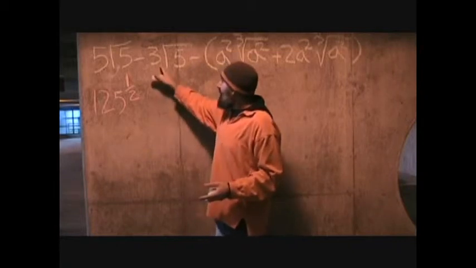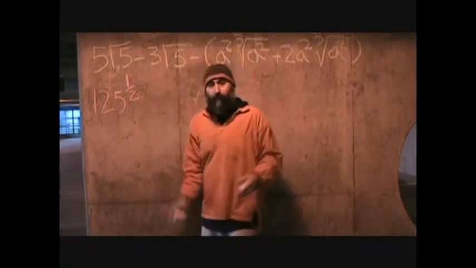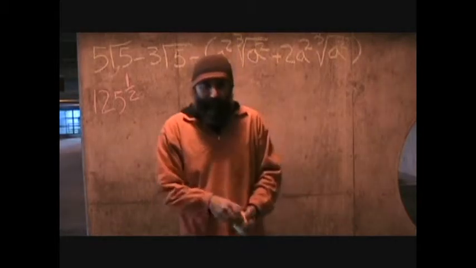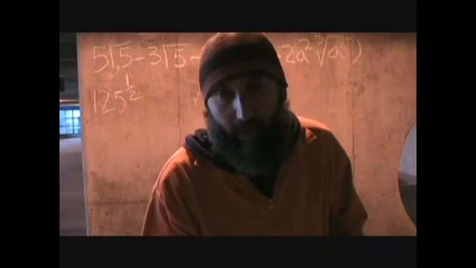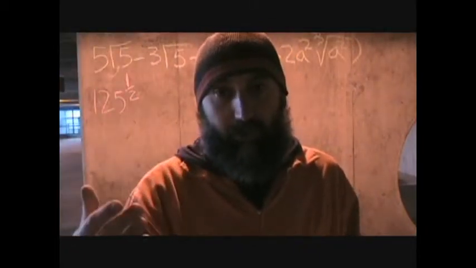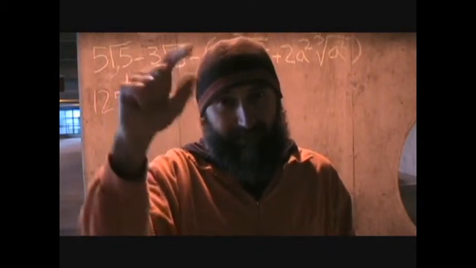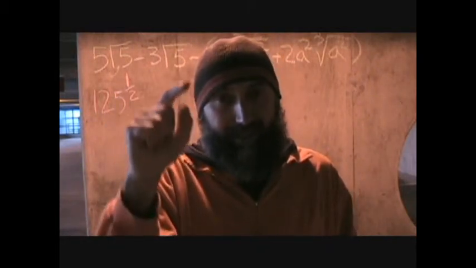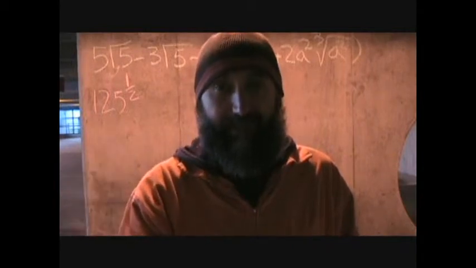Now, for this number I'm not going to do the same thing. What I'm going to do is multiply this number by 1. Like we talked about before, you can write any number in any form you want. For example, the number 4 can be written as 8 over 2. What that really means is the number 4 can be written as 4 over 1, and I multiplied it by 2 over 2, which is basically 1.